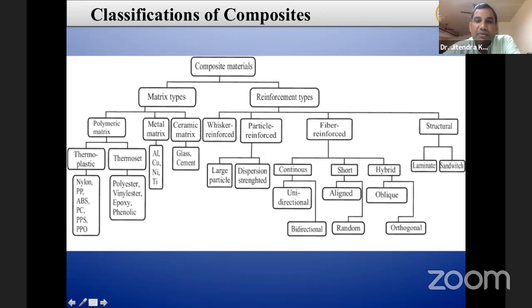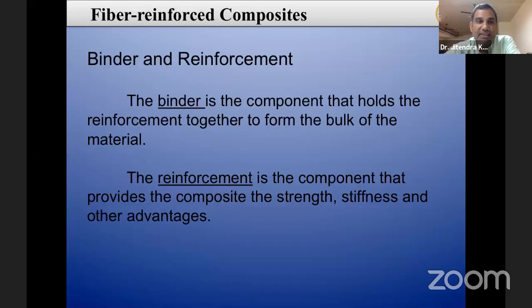So you just remember that there are only two types of classification, and then further subdivisions are there in these two types of classification. So for fiber reinforcement composite, there are binders and reinforcement. The binder is the component that holds the reinforcement together to form the bulk of the material.